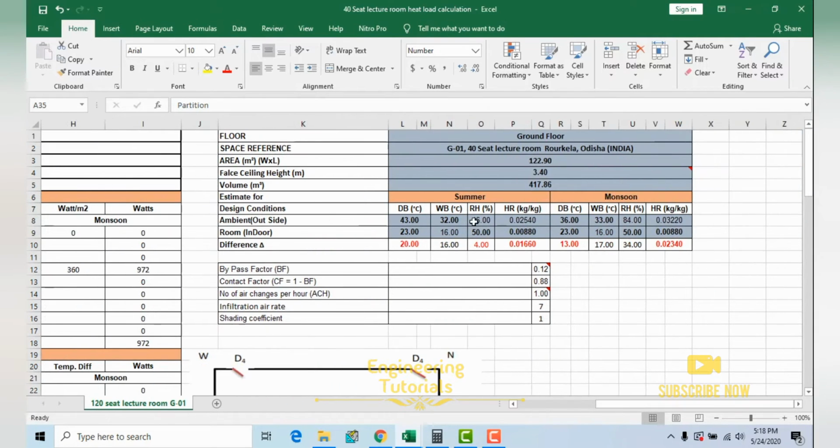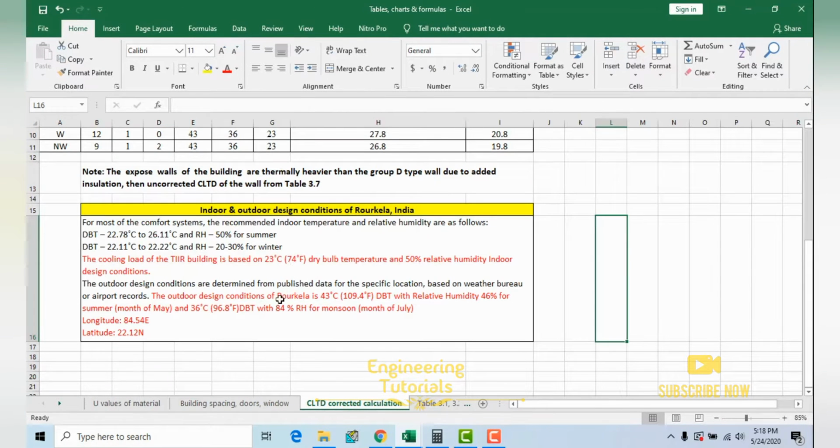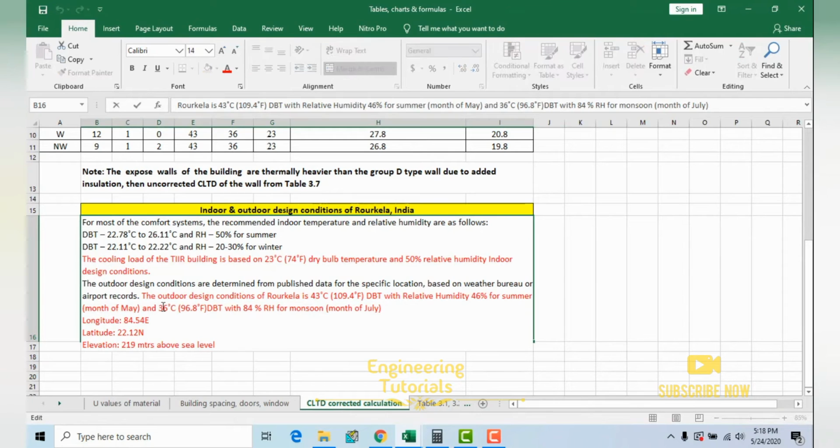So now we have to write the design conditions for summer and monsoon. Summer, we know that design dry bulb is 43, we already checked from our tables and charts. Here as you can see, outside dry bulb is 43 for summer, and for monsoon 36, with 46% relative humidity for summer and 84% for monsoon.